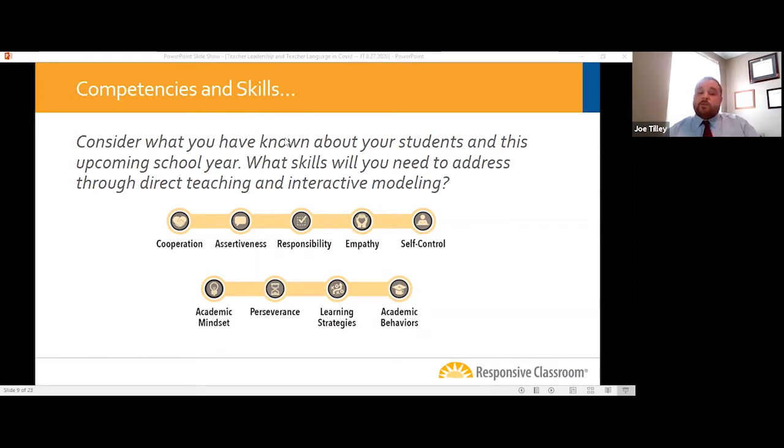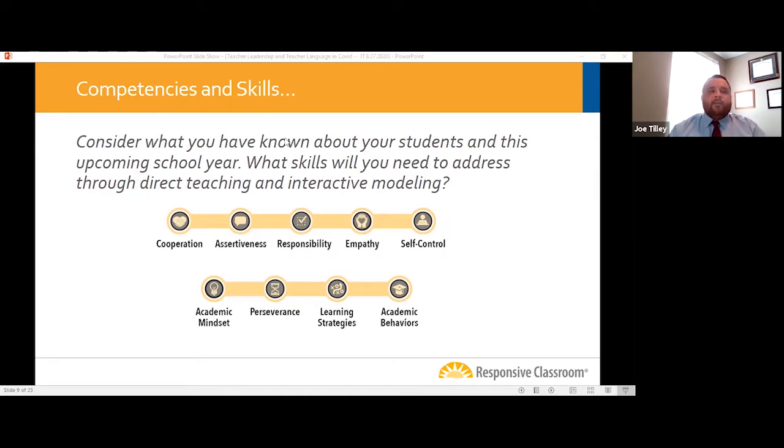I taught special education, and so I did both inclusion and pull-out services, and at times self-contained special education services. And so I serviced kindergarten through 8th grade. And so I've been in multiple classrooms where I've had to navigate these skills.